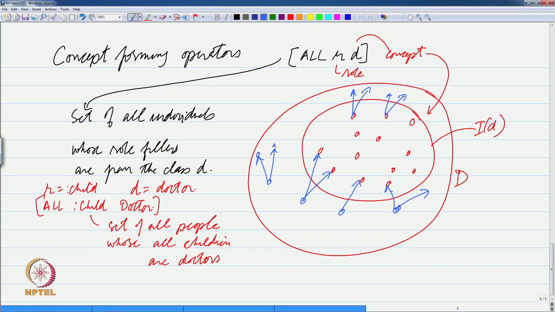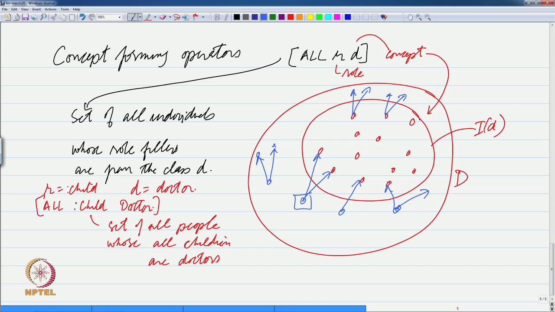So, given this knowledge base, where essentially the red dot stands for doctor and the blue dot stands for other people, which is a set that we are talking about here. We are talking about the set of all those people whose all children are doctors.